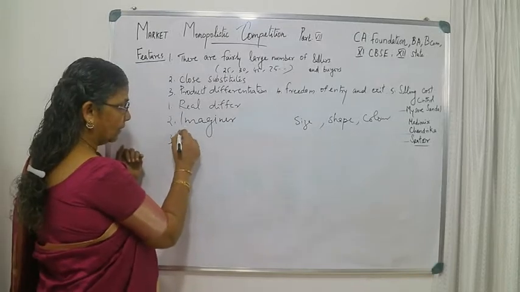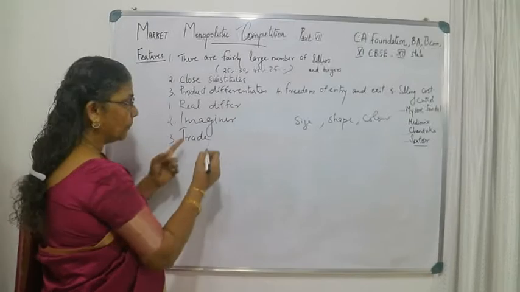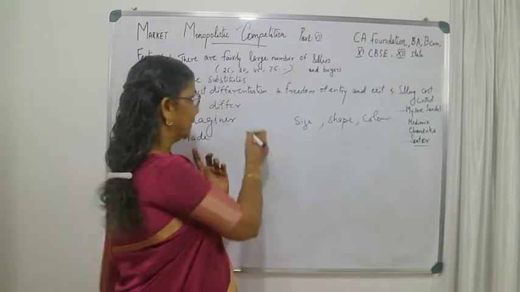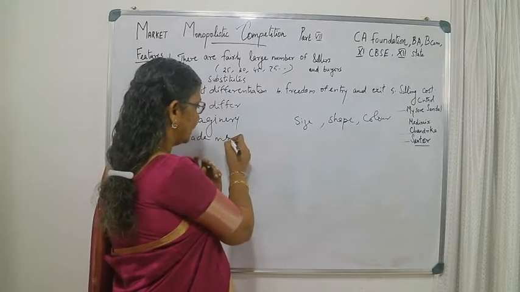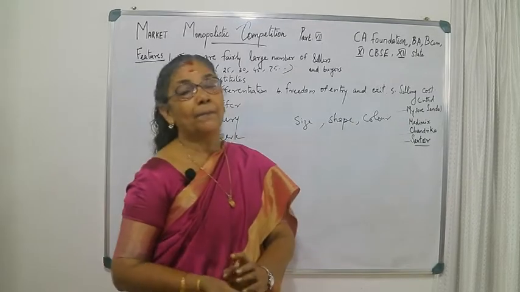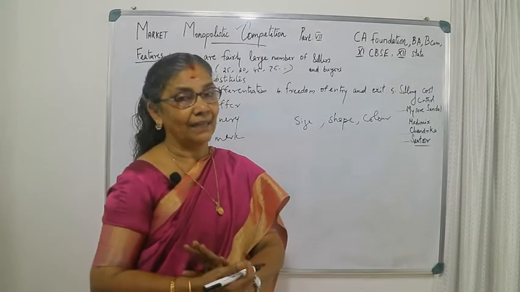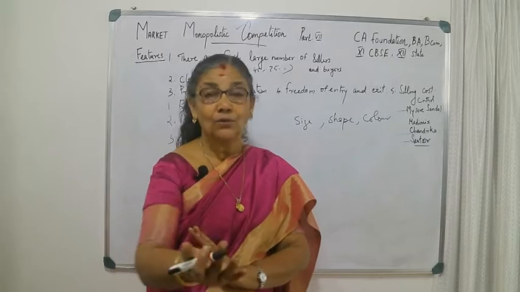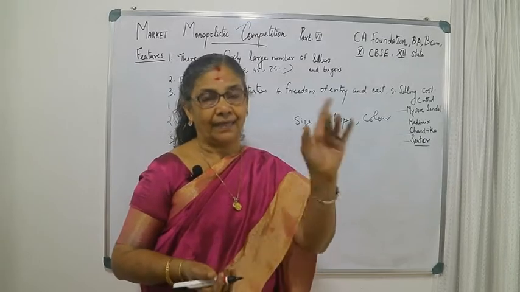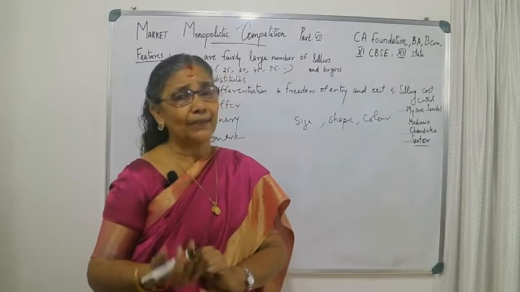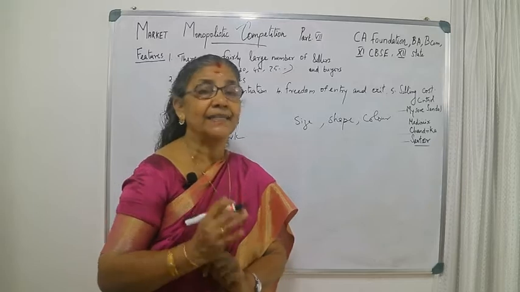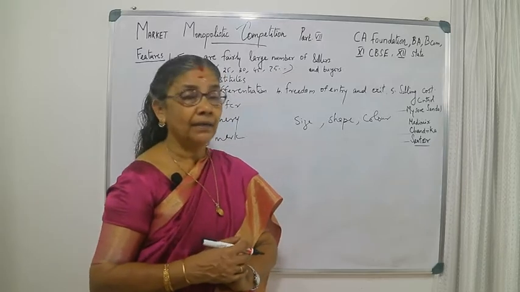Trademark also we can use along with the imaginary condition, because only by seeing the trademark people feel that this good is better than the other one, or this good is not so standardized as the other one. You start to compare or differentiate one product from another product.